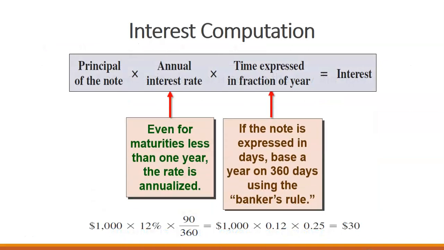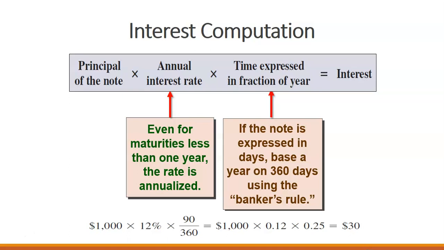The interest computation is principal times rate times time equals the amount of interest. So the rate is annualized, it's our annual interest rate. So then we need to take it times time expressed in fraction of year. If the note's expressed in days, then the base in our calculation is going to be 360 days, which are the number of accounting days within a year.